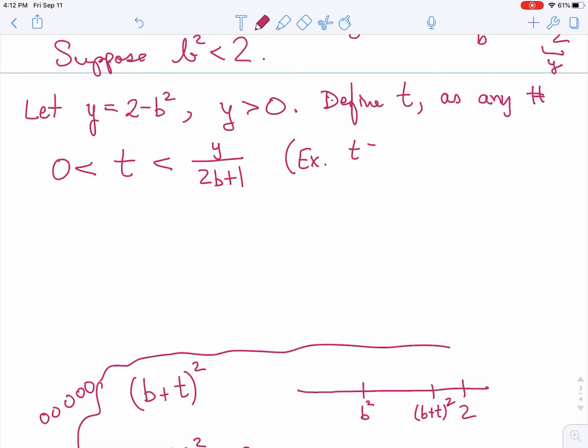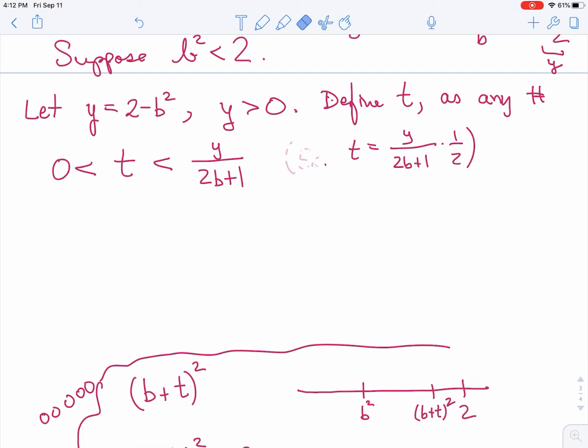I could be explicit if you really want an explicit number. I could just let t be 1/2 of this number, I could divide it by 2. I'm not going to do that because it's already pretty technical as it is. So all I'm going to use is that t is some number in there, but I could make it explicit.